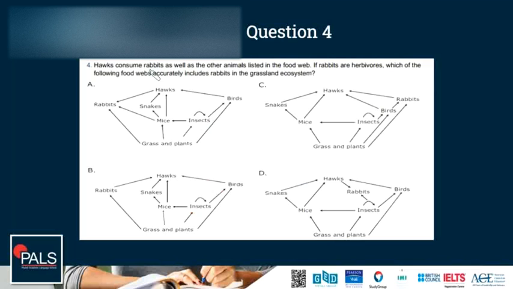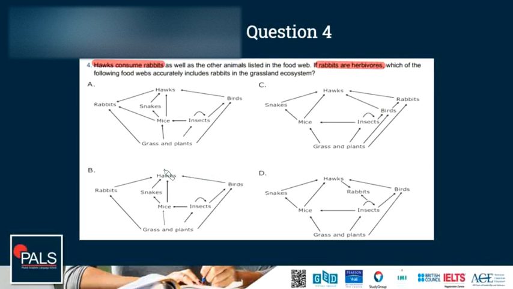Again, the information that we get is that hawks consume rabbits, and that rabbits are herbivores, which means they only eat plants. That means we need an arrow that goes from the grass to the rabbits, and an arrow that goes from the rabbits to the hawks.